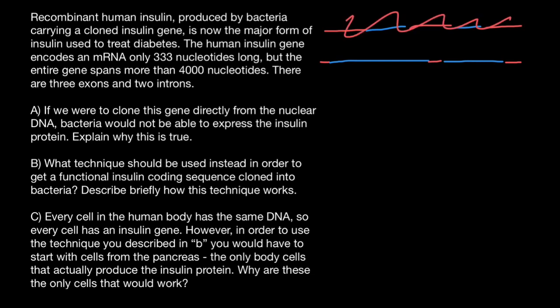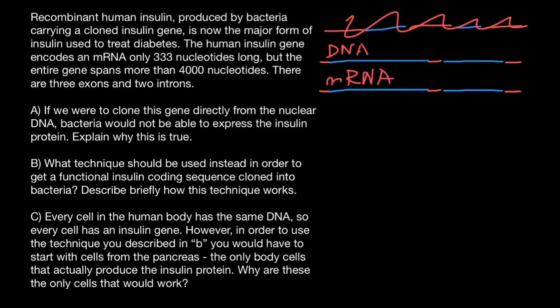We don't need this strand, but imagine that this strand is the gene, so this is DNA, this is the coding strand, and from this strand we make messenger RNA. Of course, the sequence of the messenger RNA is going to be complementary to this DNA sequence.